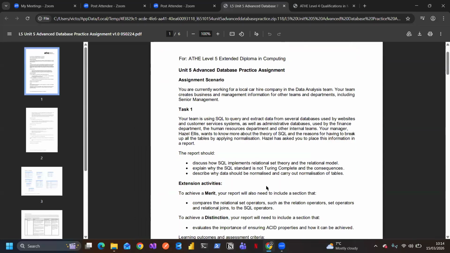So you're currently working for a local car hire company in the data analysis team. Your team creates business and management information for all the teams and departments, including senior management.